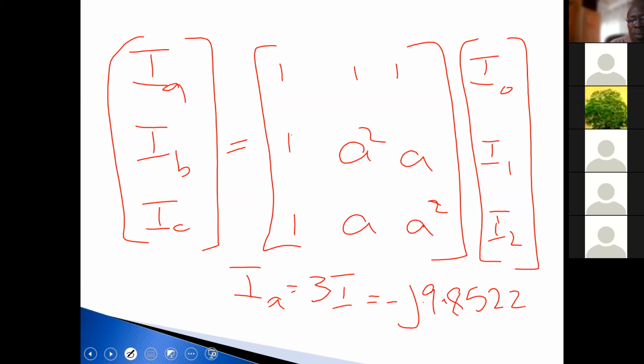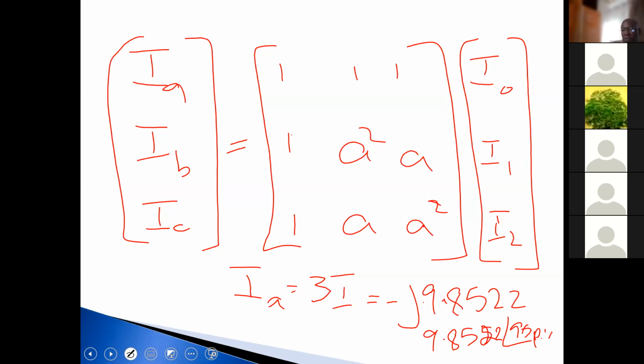So minus j9.8522, and this is per unit. All right. So remember, they asked for the per unit current, and that is what we have there.